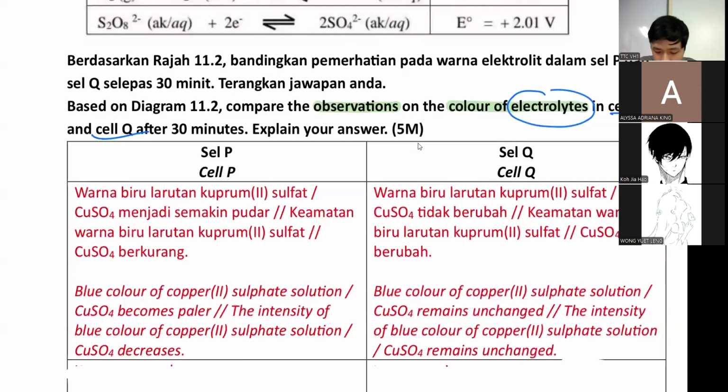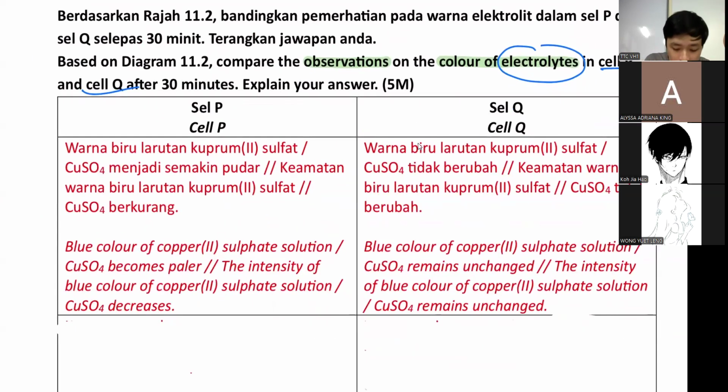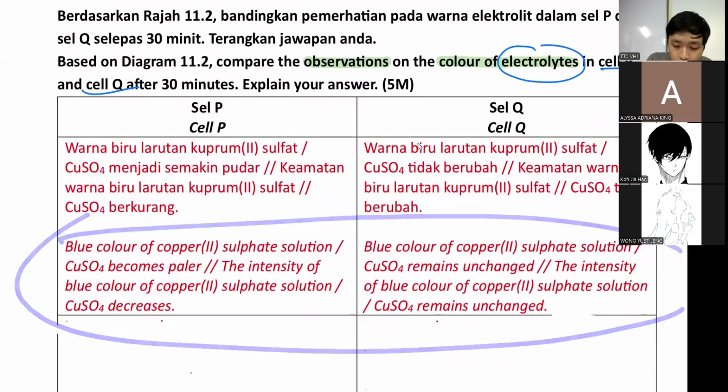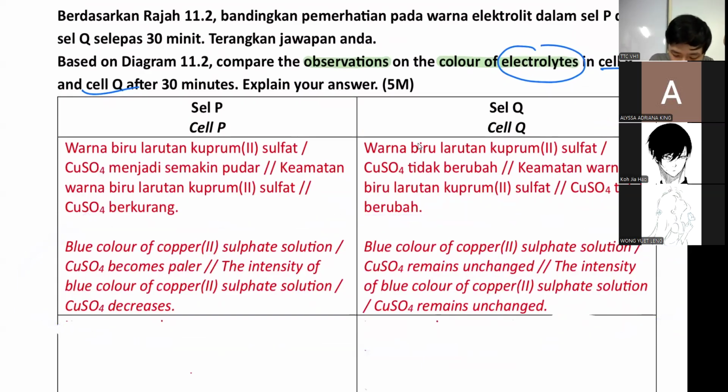First point. You can choose one. You can either say it becomes paler, or you can say intensity of blue color decreases. You can write CuSO4, or you can write copper sulfate, the name also can.